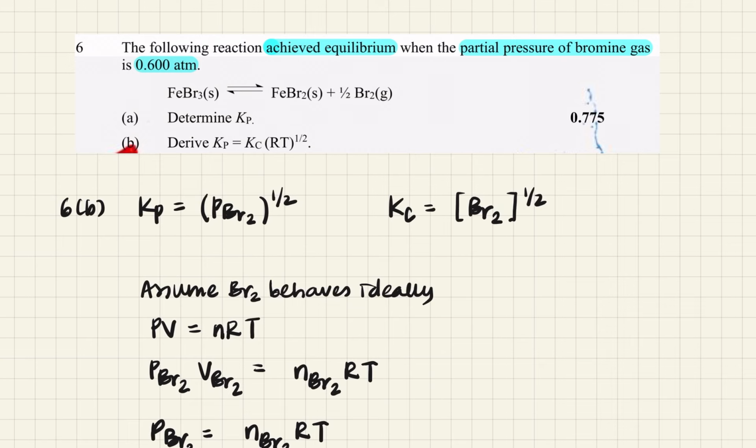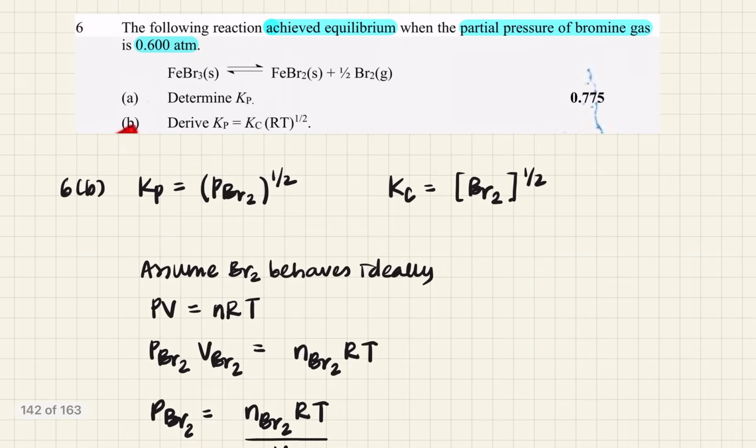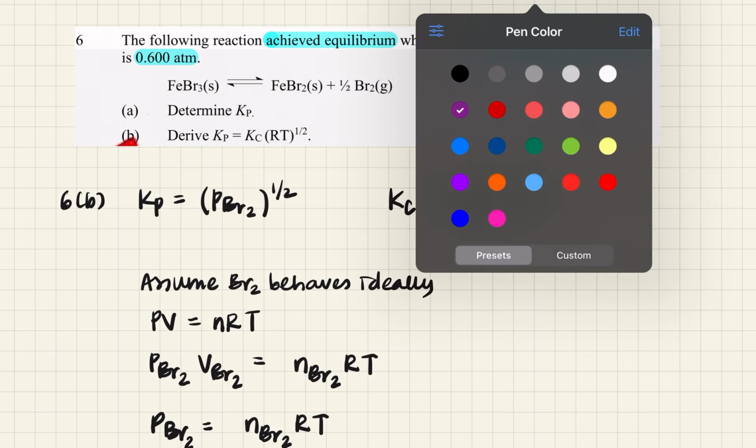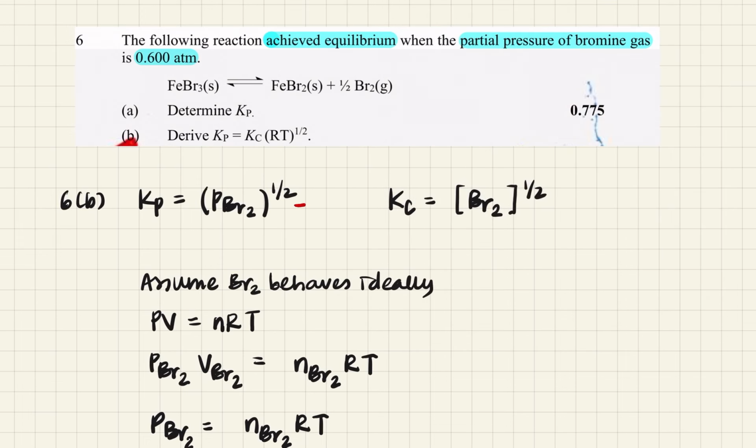So how are we going to derive this? So first you are going to write out your Kp and Kc, like I already did here. So this will be your first equation, number 1, and this will be your second equation, number 2. Okay, so next you are going to assume bromine gas behaves ideally.